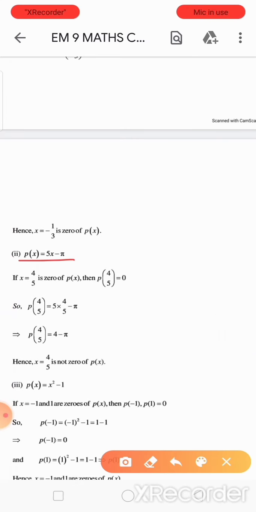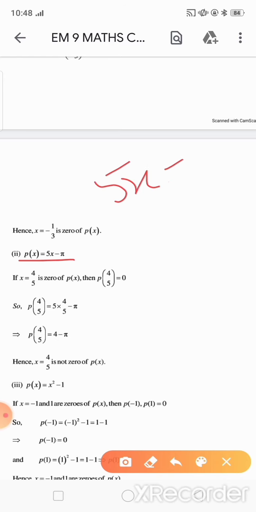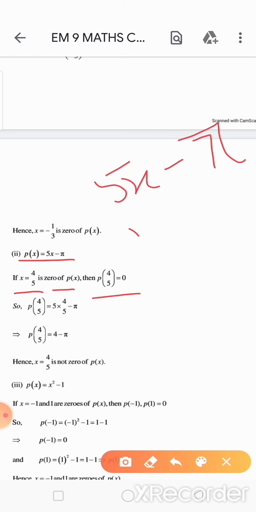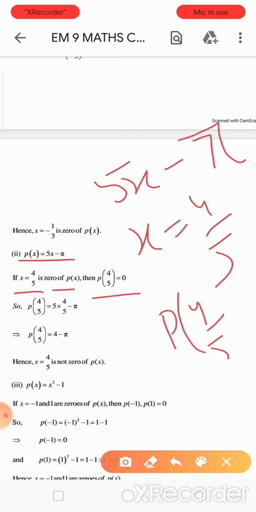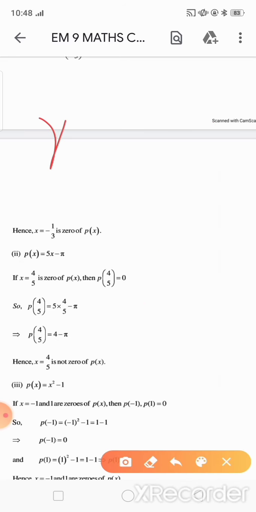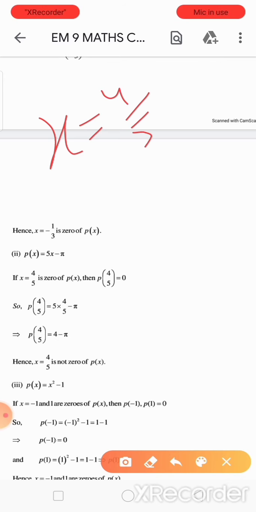For the next question, number 2, our polynomial is p of x is equal to pi x minus pi. So if x equal to 4 upon 5 is a zero of p of x, then p of 4 upon 5 equal to 0. When we substitute the value of x equal to 4 upon 5, our polynomial p of 4 upon 5 should equal 0. For that, first we start to simplify. We substitute the value of x equal to 4 upon 5 in our polynomial.